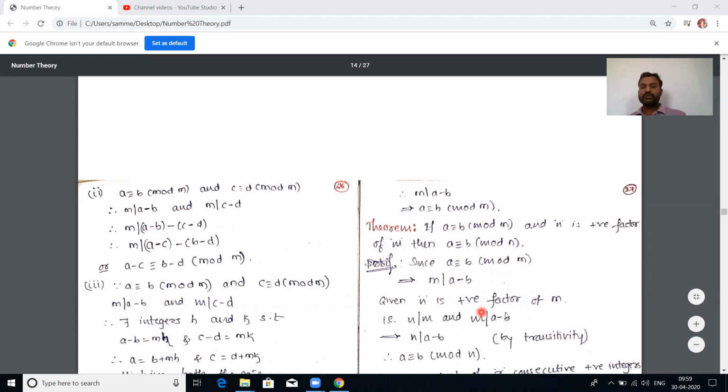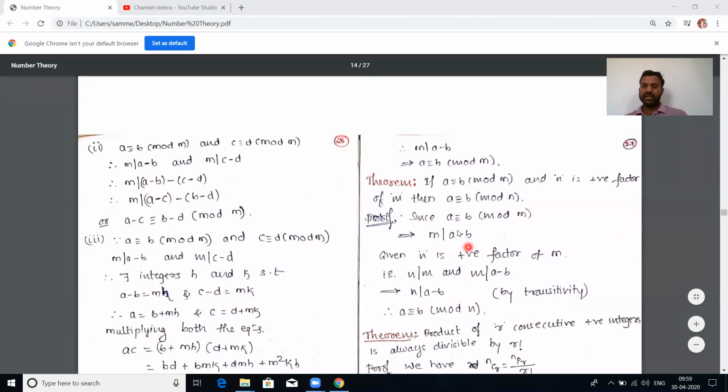And given n is a positive factor of m, that is n divides m, and m divides a minus b we have here. So therefore, by using transitivity, n divides a minus b. That implies a is congruent to b mod n. If n divides a minus b, by definition of congruence, we are getting a is congruent to b mod n.